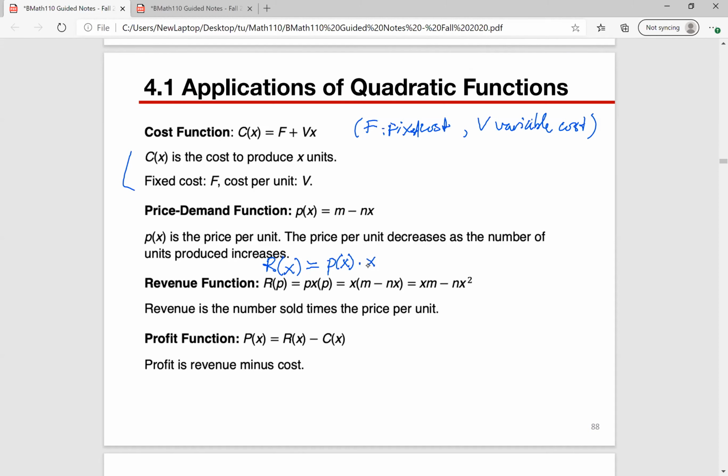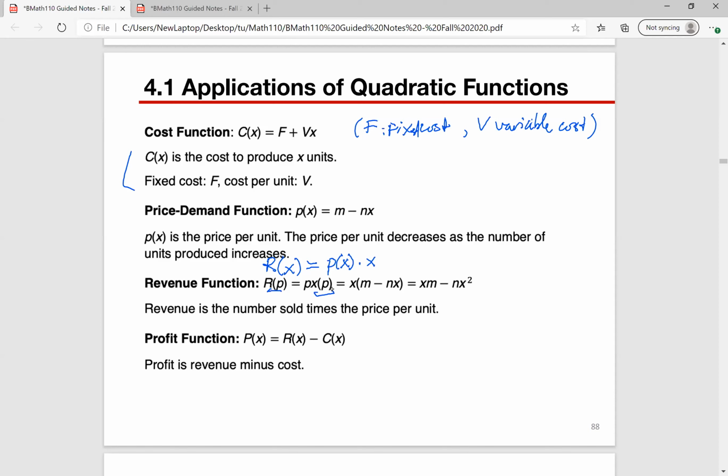In another way, they use the revenue function in terms of price, so they have R of P equal to P times x of P. Okay, this is x of P.